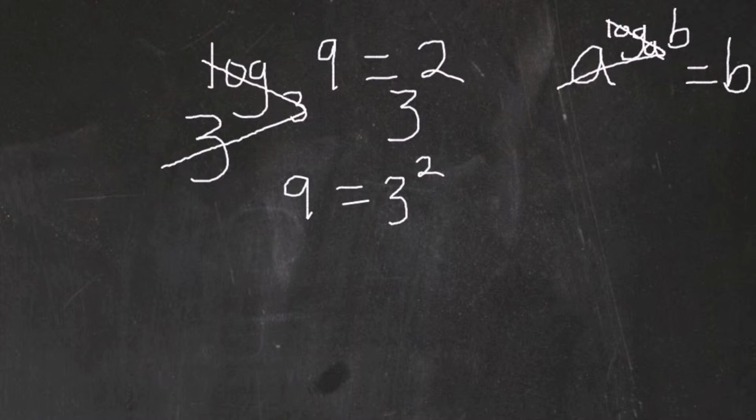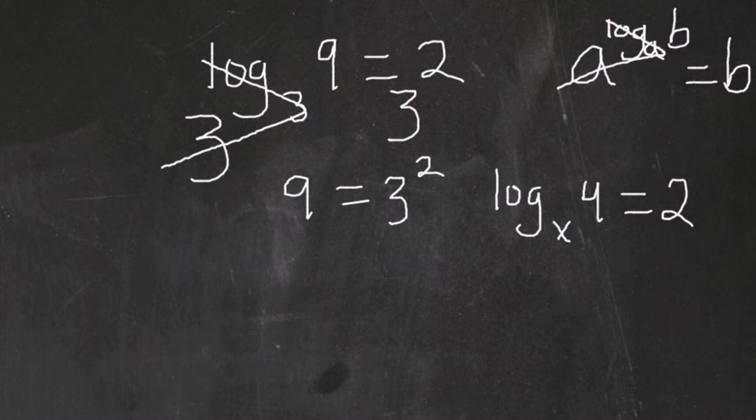Let's say, for example, I have log base x of 4 equals 2, and you were asked to change this logarithmic expression into an exponential expression. Well, you simply notice the base of the log. Now I notice that the base is x, so I'm going to take both sides and raise them to a base of x.